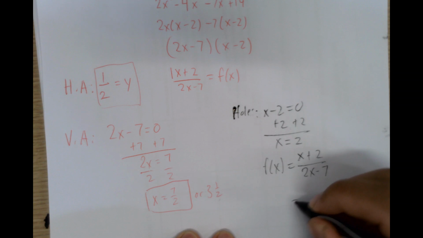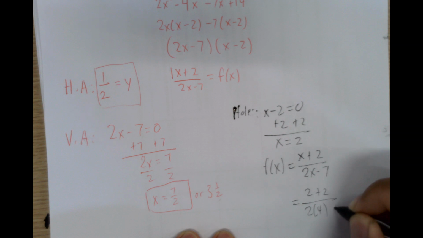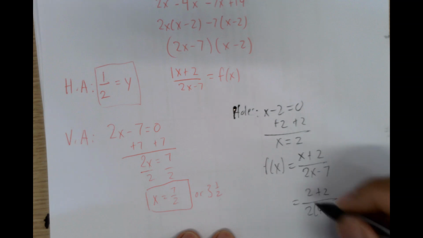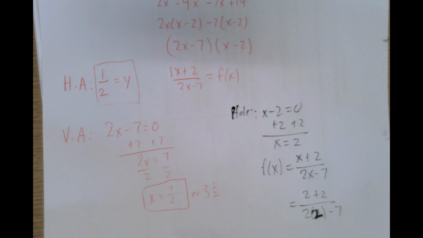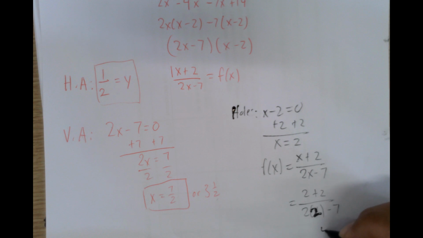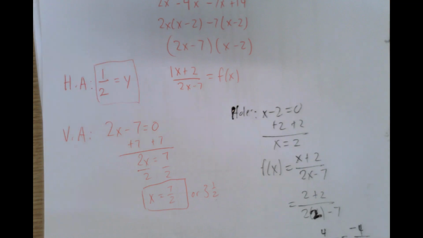So we plug in 2, we get 2 plus 2 over 2 minus 7. Oh, wait, why did I plug in a 4?